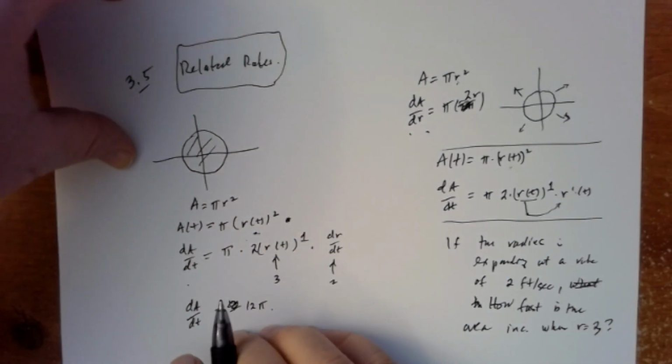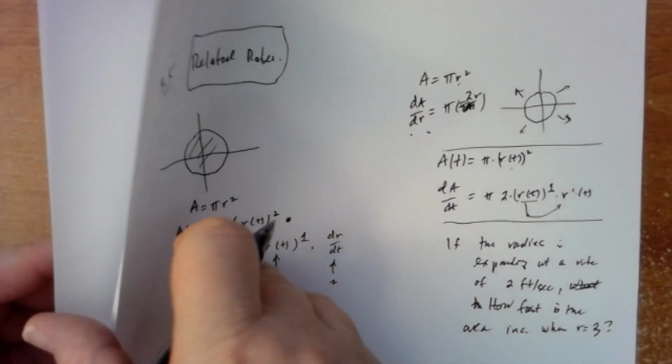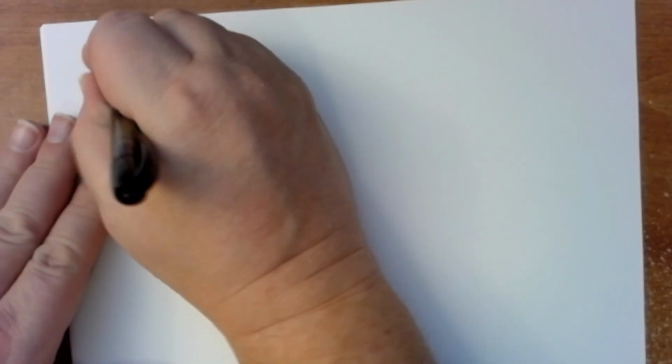Okay, let's try another one, maybe a little bit harder. Let me check to see what number this is. This is activity 3.5.2.